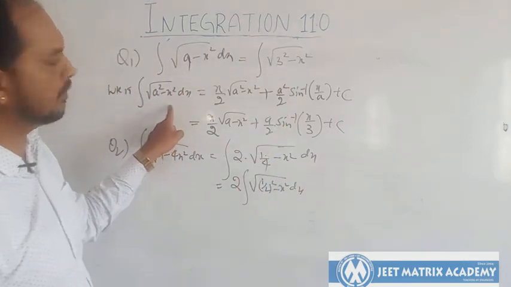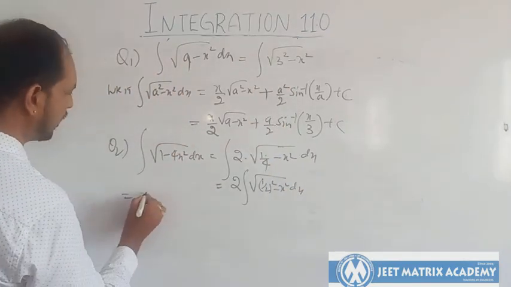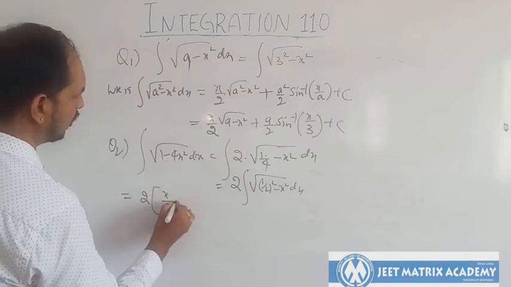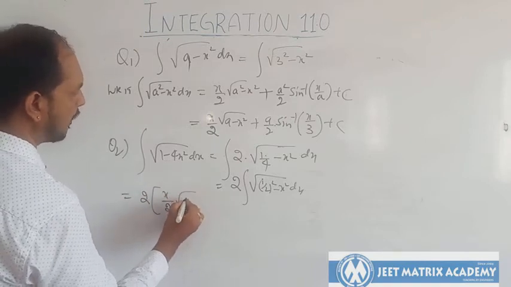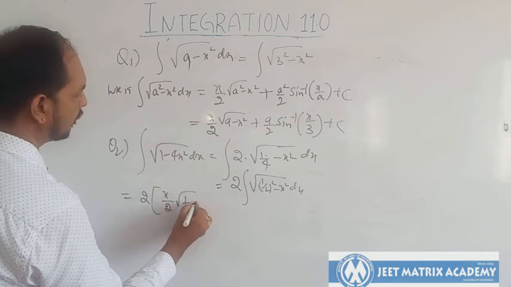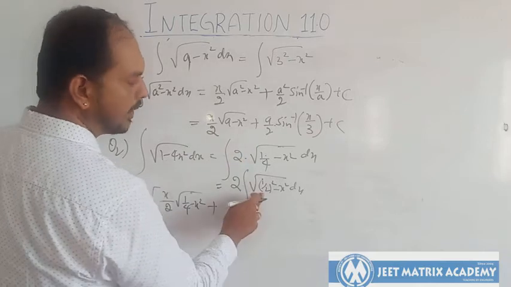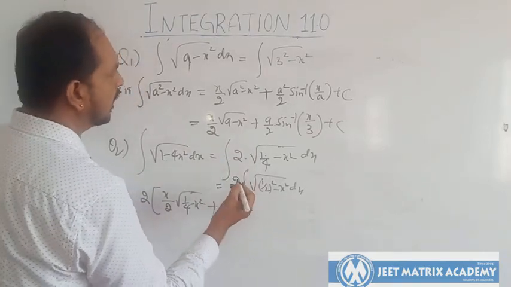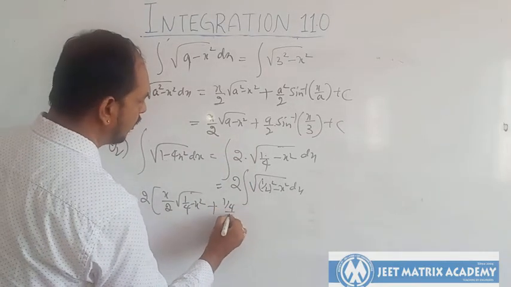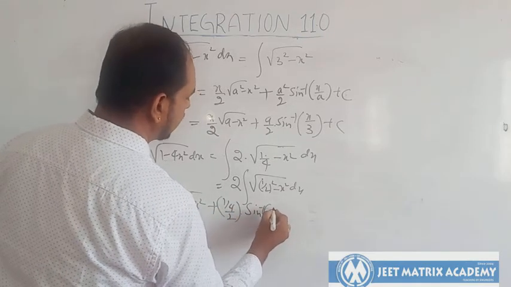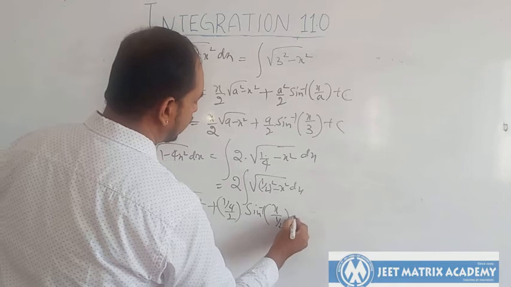Now it resembles the same form. So what I can write is 2 into x by 2 root of 1 by 4 minus x square plus a square by 2, here a is 1 by 2, so a square is 1 by 4, by 2, into sin inverse of x by 1 by 2, plus c.